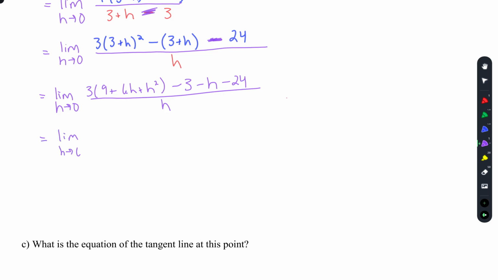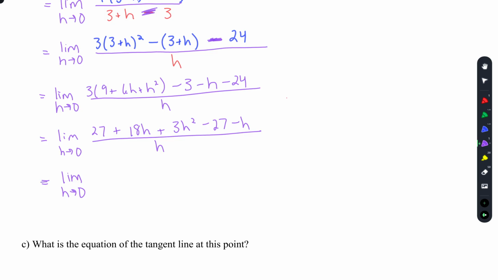Limit as h approaches 0 of 27 plus 18h plus 3h squared. Oh, I could put the negative 3 and negative 24. What is that? Limit as h approaches 0.